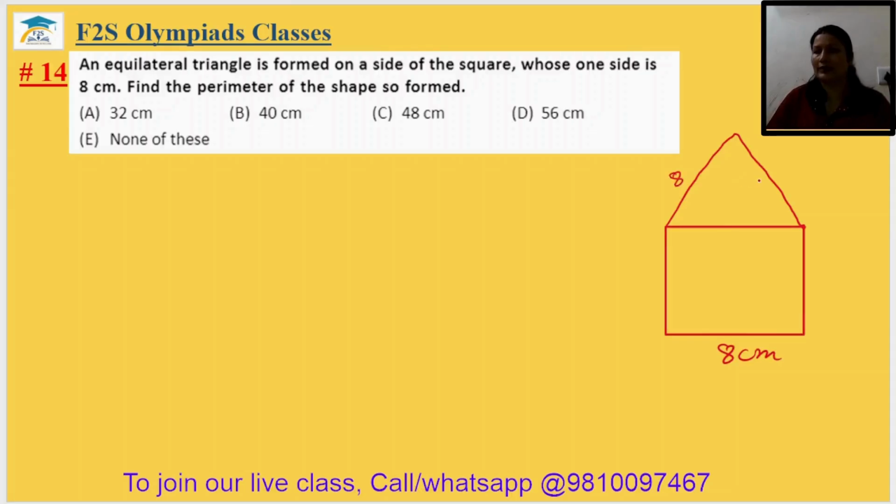It means this is also 8 centimeter, this is also 8 centimeter. So perimeter will be equal to 8 plus 8, 16, 16 plus 8, 24 plus 8, 32, sorry 40. It comes to 40 centimeter. It is in the option number B. The 14th answer is option B.